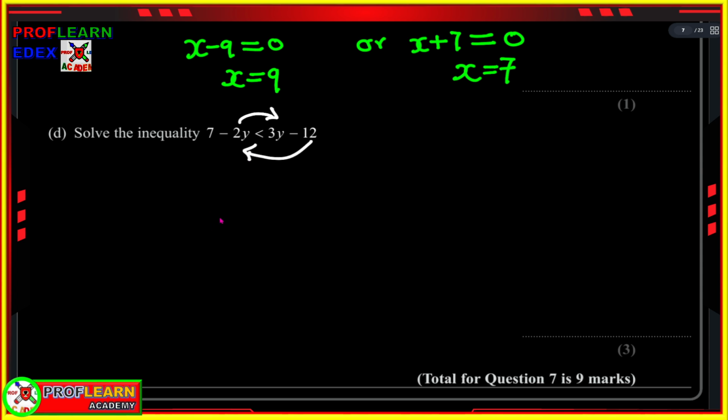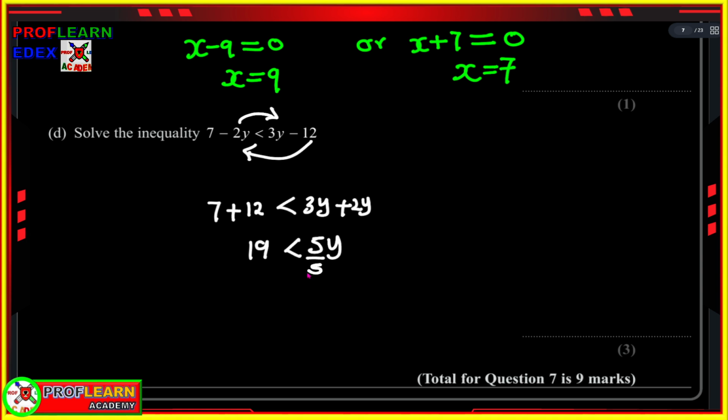So we shall have 7 plus 12 is less than 3y plus 2y, so that this is going to be 19 is less than 5y.